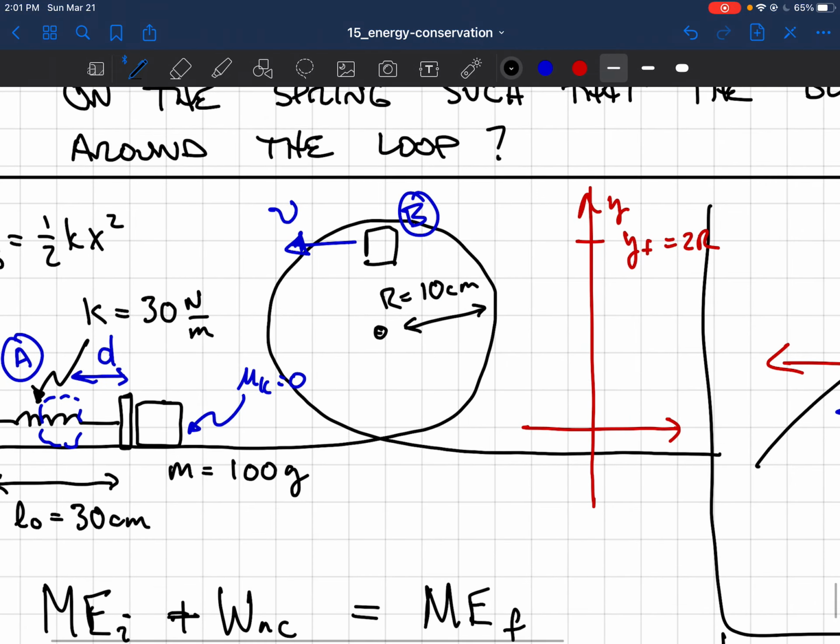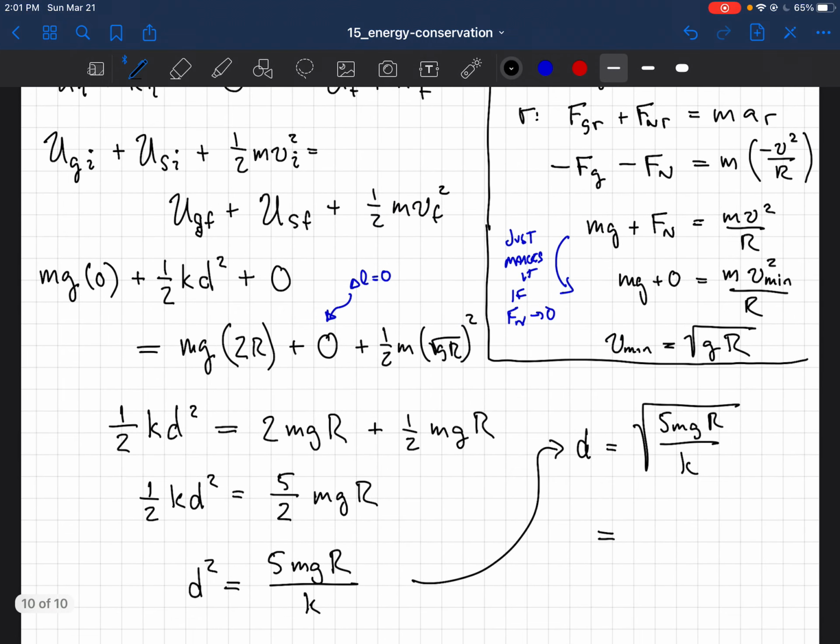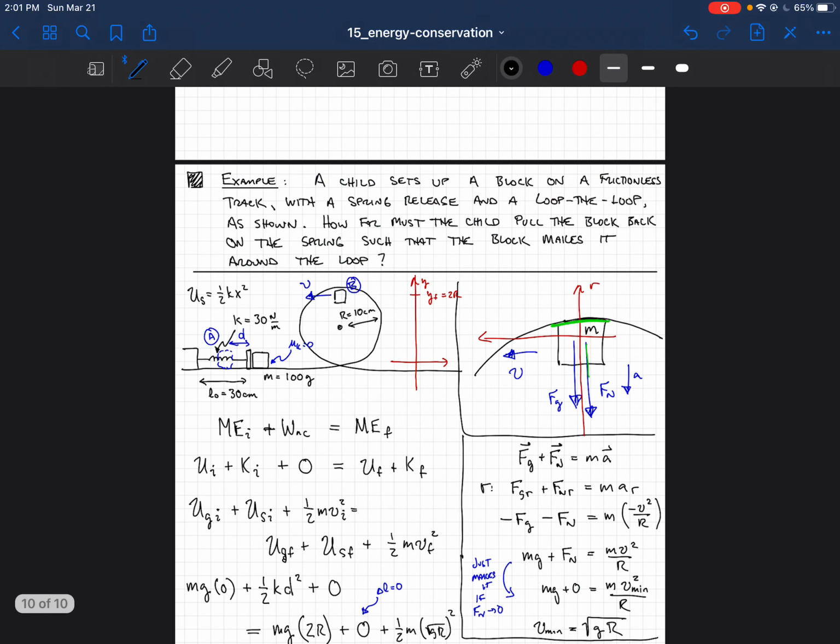And then we divide by k, and k was also given to us. It's 30 newtons per meter. So it's going to be divided by 30 newtons per meter, close the square root, and we get that d is equal to 0.13 meters, or 13 centimeters.